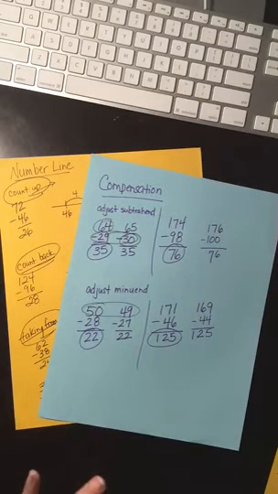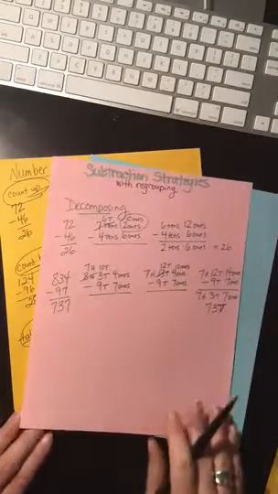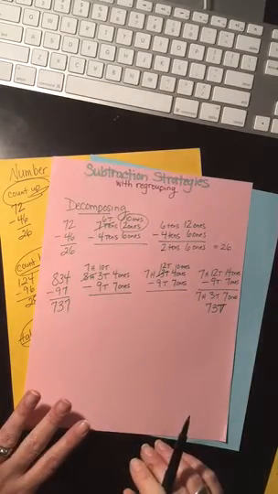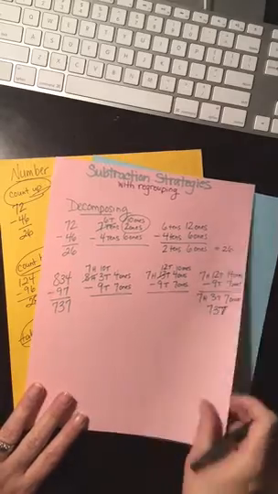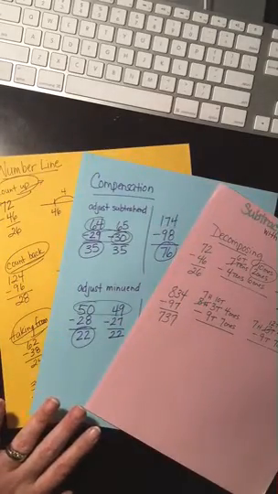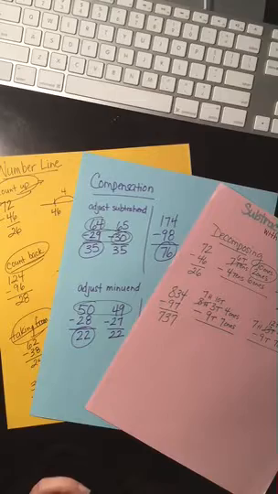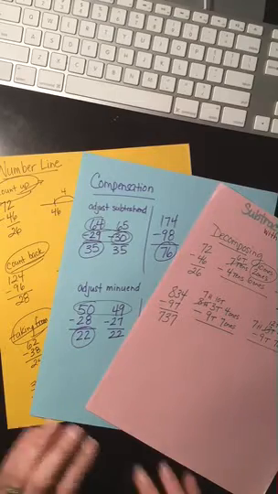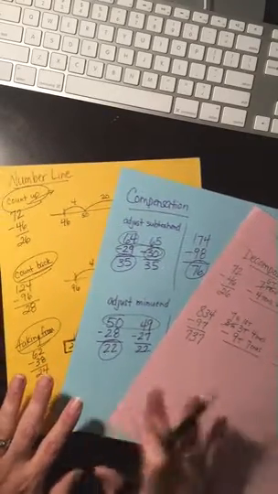And then we also looked at the strategy of decomposing. Lots of strategies, so try them out, and remember your students will need lots and lots of practice and feedback to become really good at these strategies.